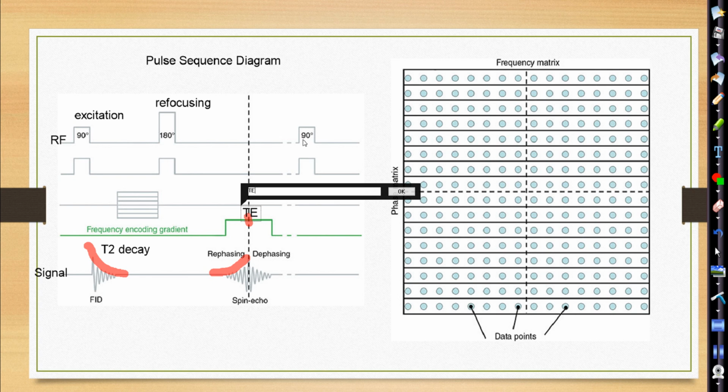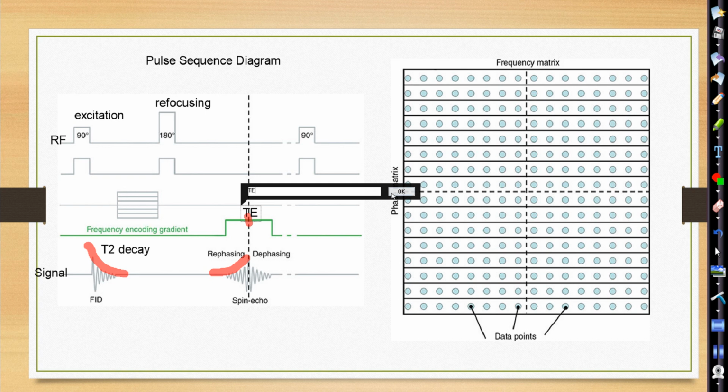These are two things happening at the exact same time. They're independent processes, but T2 decay happens a lot faster than T1 recovery. So that's why you'll always see the TE come before the TR. TR is from here to here, and TE is from here to here. So that millisecond value is going to be less.